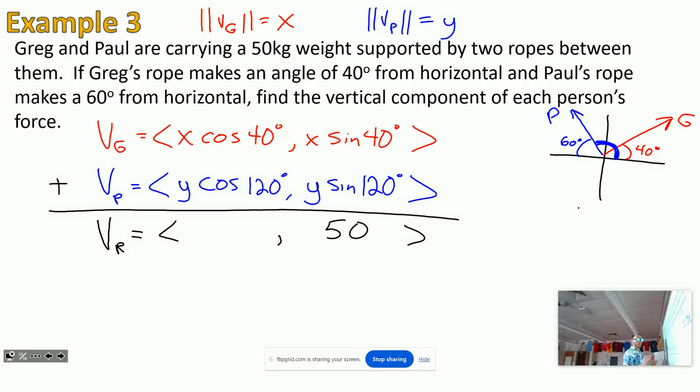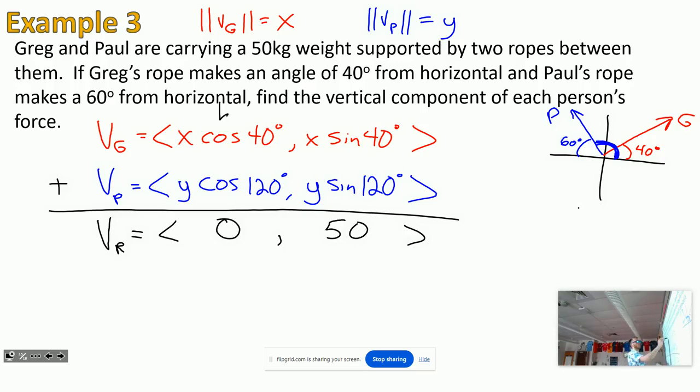And since they're not moving left or right at all, their horizontal components will add together to get 0. We have 2 variables, but we also have 2 equations, so we can solve by setting up a system of equations.